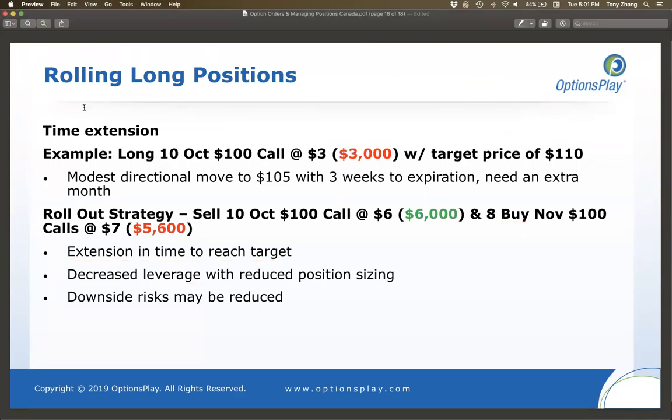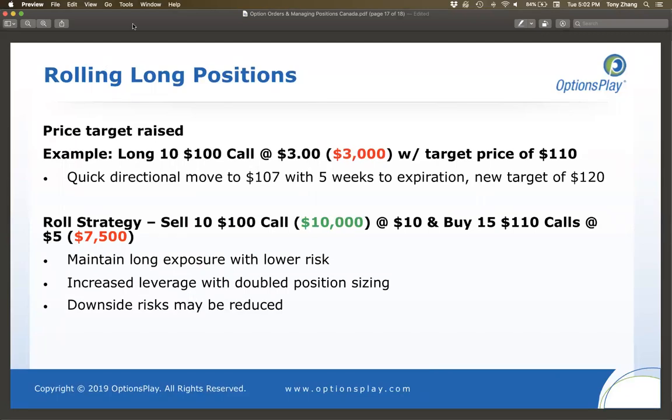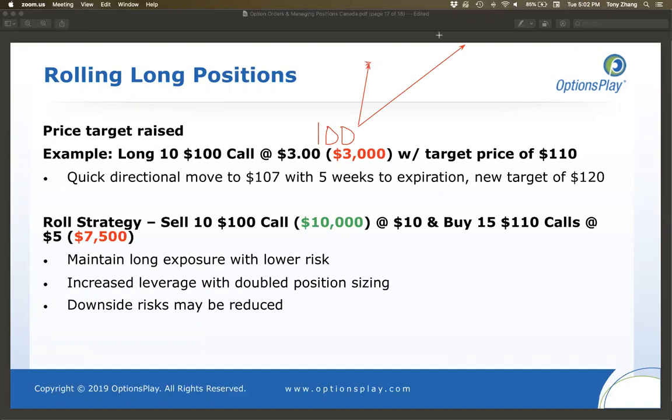And lastly, if you do find yourself in the lucky position where you have that same $100 stock and you believe that it's going to move to 110 over a month's period of time, but you get a really quick move to the upside, maybe there's earnings, maybe news came out, something unexpected, and now instead of just thinking it's going to go to 110, maybe you think it's going to go to 115 or 120.